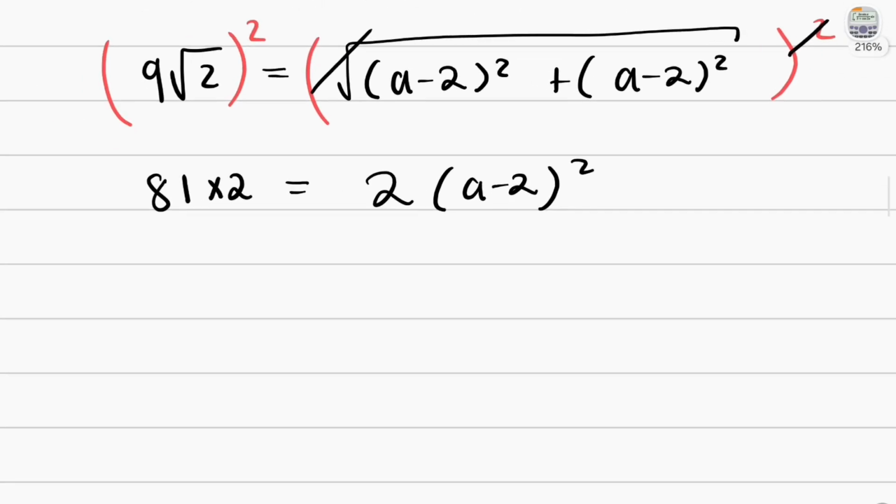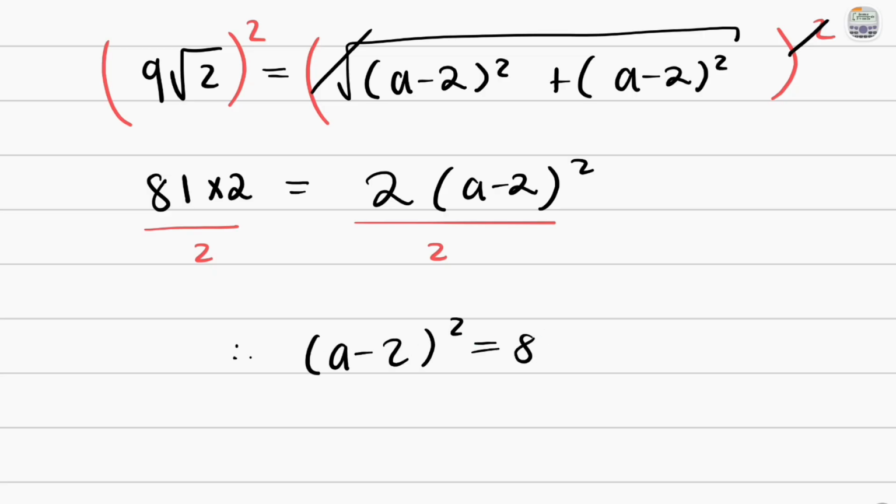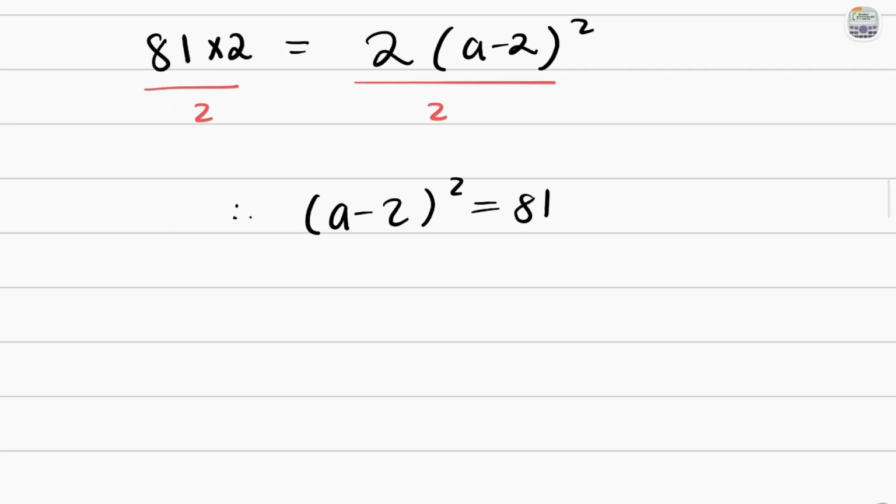Okay, this is actually an easier way to simplify this, because now we have 2, and you see 2, we can just divide both hand sides by 2 to get rid of that. So get closer to the a. So 2 divides here, and you're just left with 81. So we're saying a minus 2 all squared equals 81, and then square root. So square root this side, square root that side, and we have plus minus.